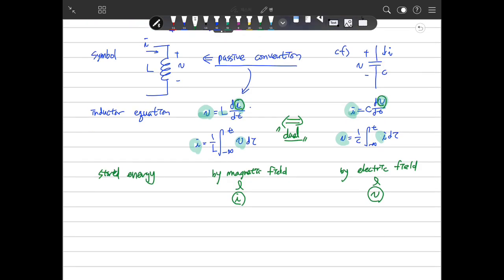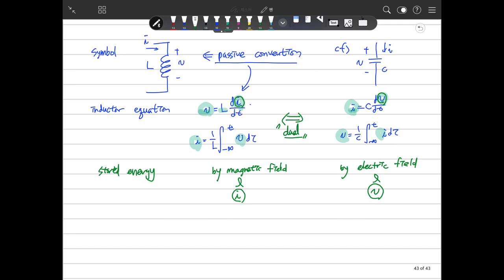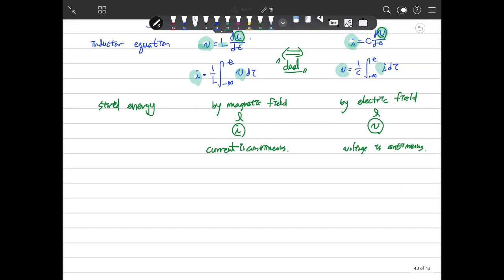So in the capacitor, the voltage is continuous. But in the inductor, the current is continuous, because the inductor stores energy in the current.